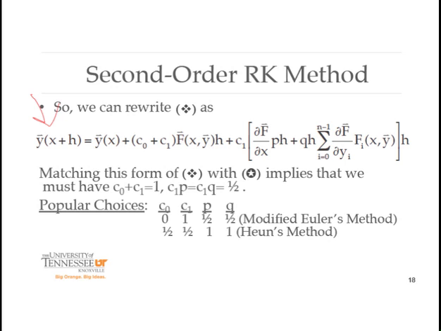So popular choices are indicated here for the C's and the P's and the Q's, and the one we're going to focus on in this class for the rest of the chapter is sometimes called the modified Euler's method. It's the case where C0 is 0 and C1 is 1, so you can see that it's going to involve this term plus all of these partial derivatives of f with respect to x and with respect to all the y_i's.